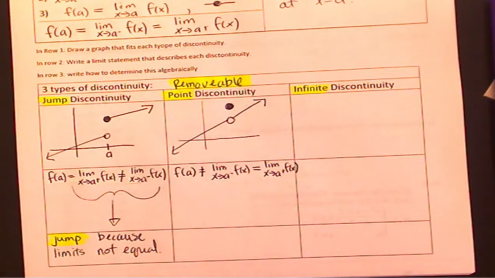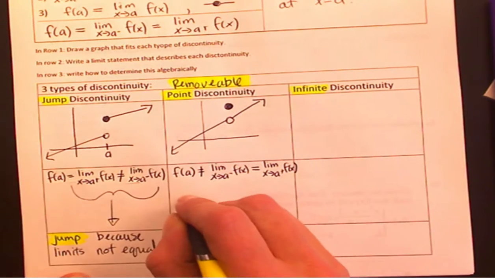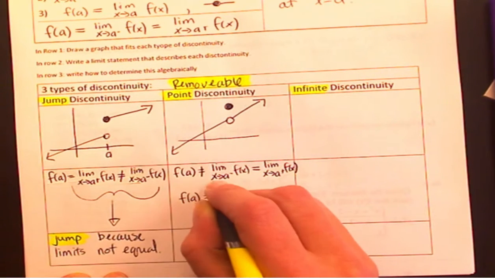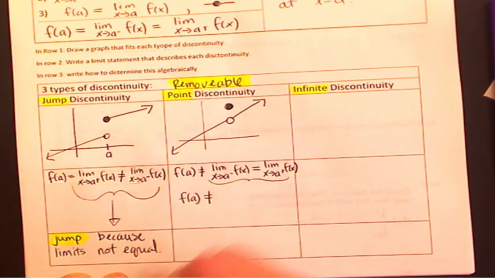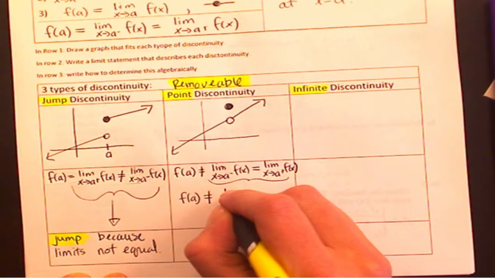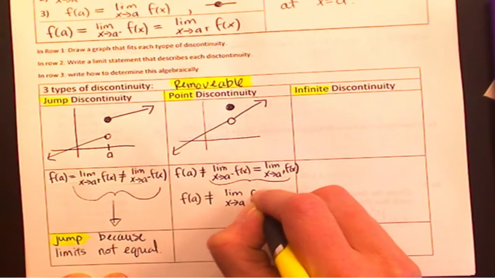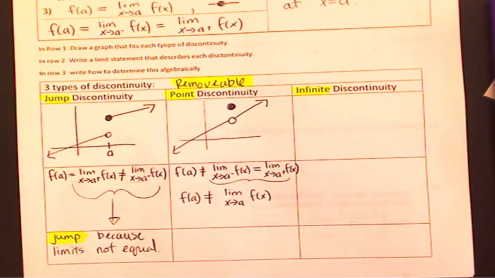I'm going to write one more line underneath of it. Because these two things are the same, I can combine them to this. Right? If you notice the left and the right are the same, there's no reason you can't actually write them together. Because they're the same.